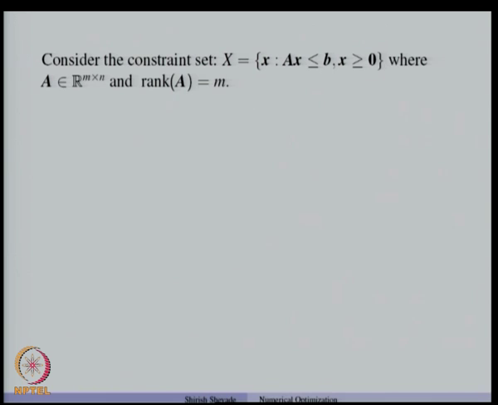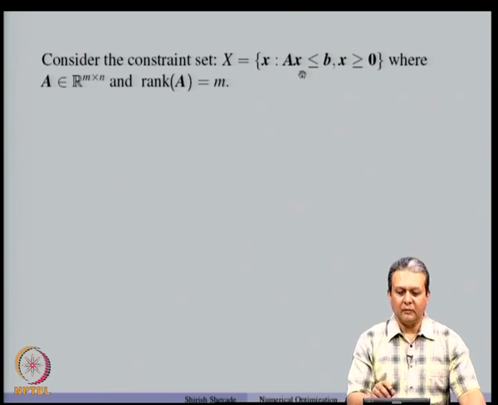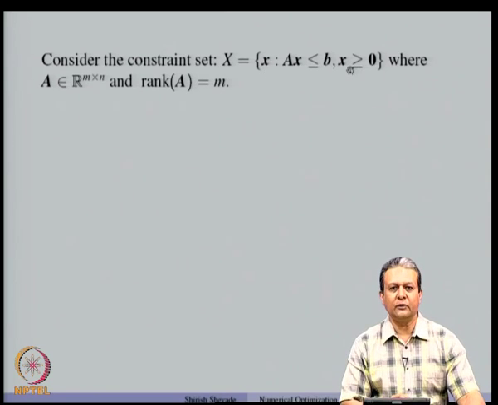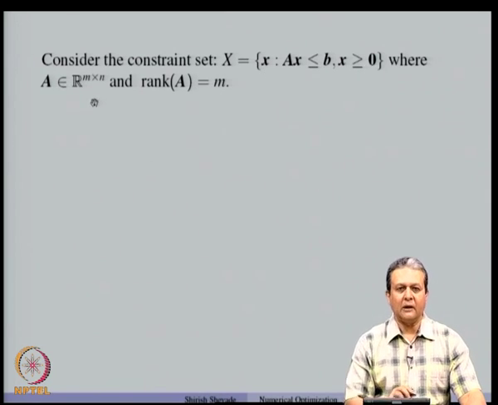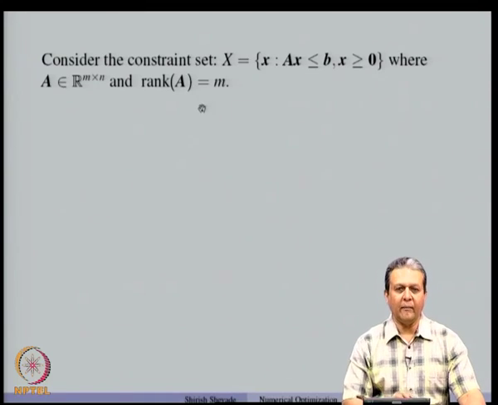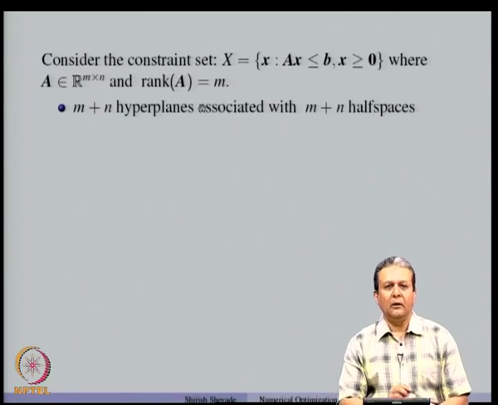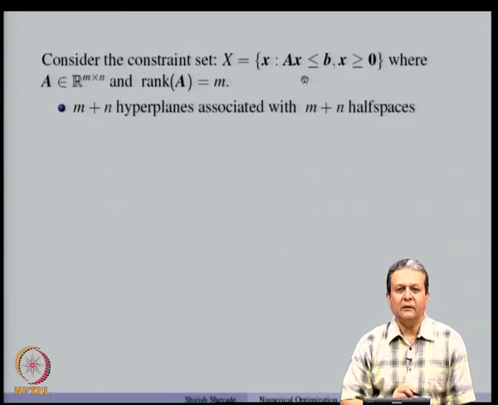Now, suppose we consider the constraint set of the form: the set of all points x such that Ax is less than or equal to b and x is greater than or equal to 0, where A is an m by n matrix of real numbers and the rank of A is m. Then there are m plus n hyperplanes associated with the m plus n half spaces.